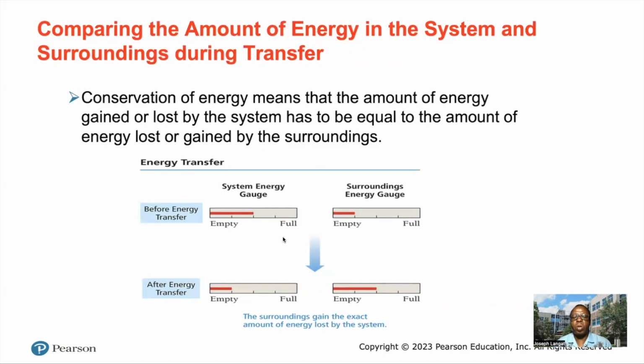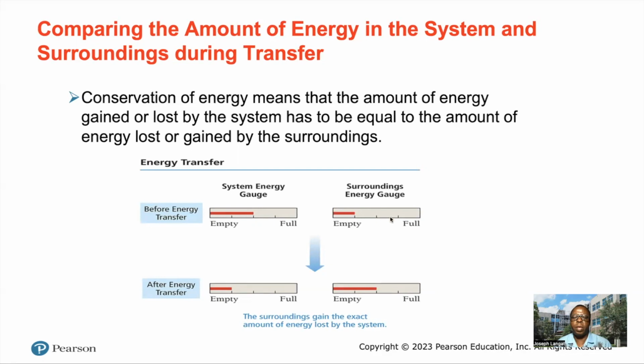Here is an illustration of the bullet point here. If this is the system and this is the surrounding, if this is a ruler, right? If I look at the ruler here, before the transfer, let's talk about like 3 centimeters: 1 centimeter, 2 centimeter, 3 centimeter.